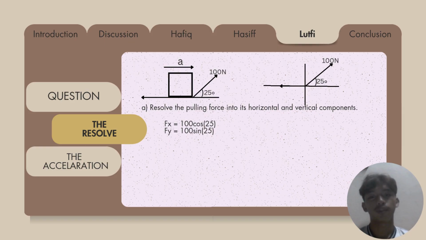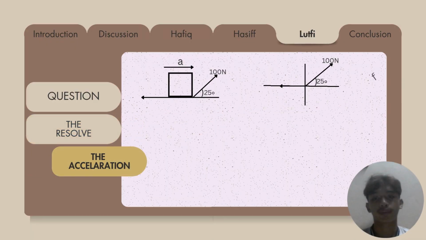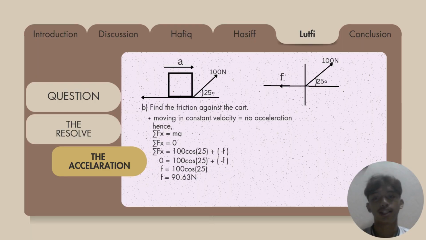We can easily find the horizontal and vertical components, which are the component of x equal to 100 cosine 25 degrees, and the component of y equal to 100 sine 25 degrees. And let's move to our final question, which is to find the friction against the cart.